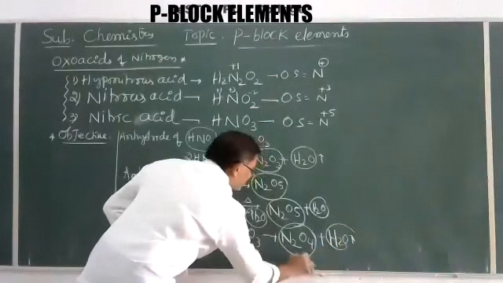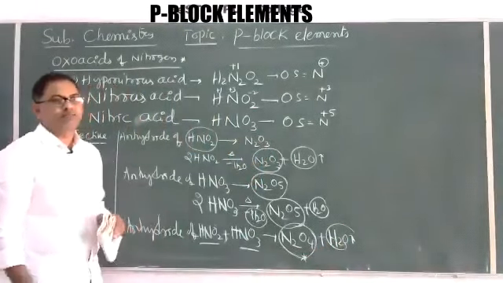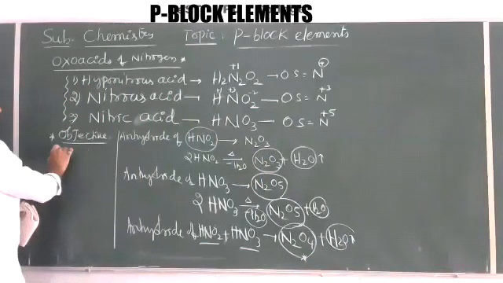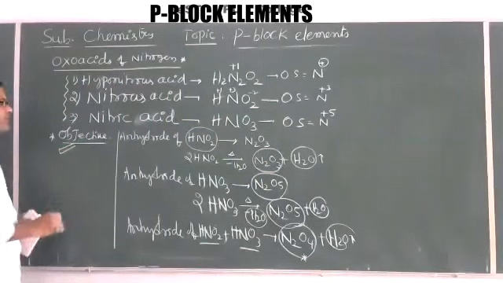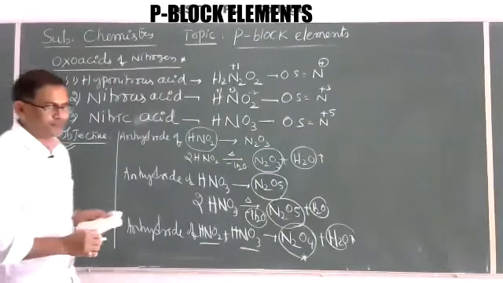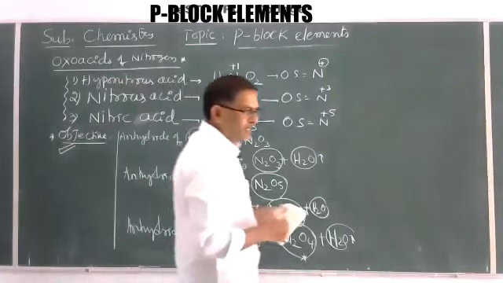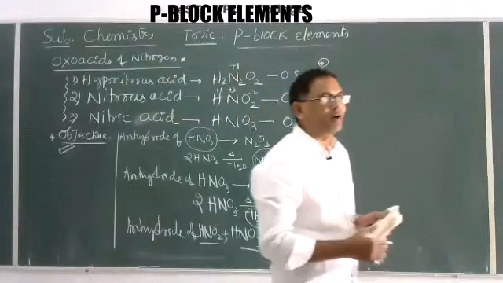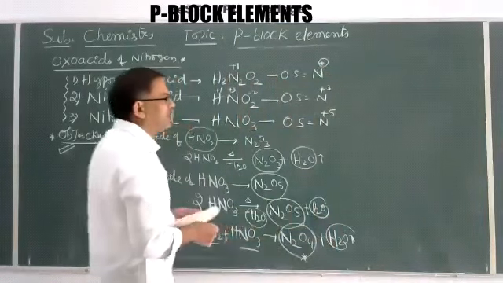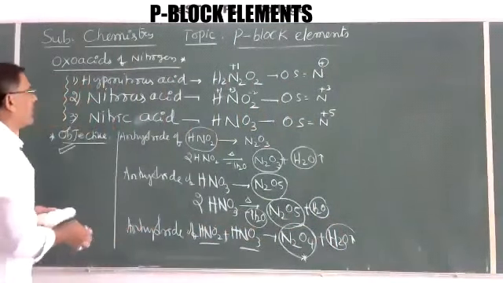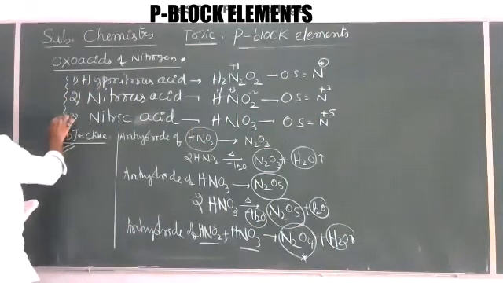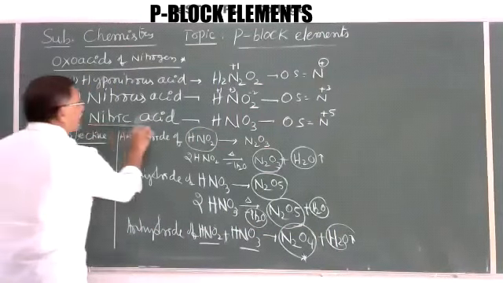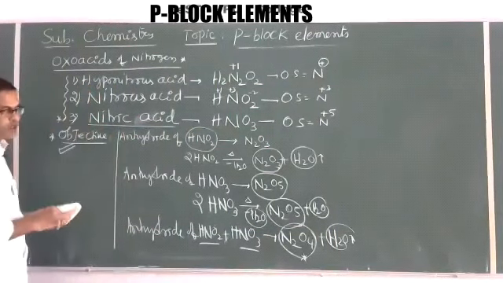These are very important 3 cases for the objective, particularly not for theory. Anhydrides of nitrous acid, nitric acid, and a combination of both nitrous and nitric acids. Among all these 3 in our syllabus, the very important question is this one on nitric acid. It is a 3 marks guaranteed question.